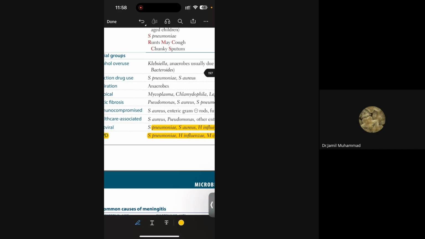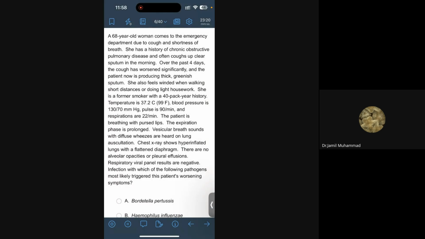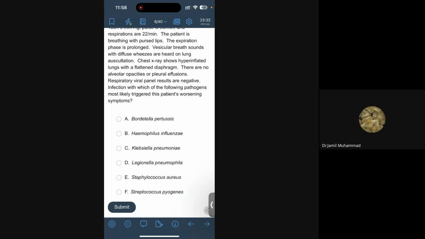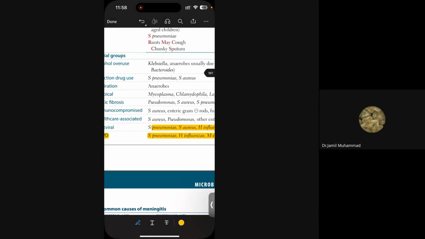That can be due to virus, and that can also be due to bacteria. In the question, he has clearly mentioned that the respiratory viral panel is negative. That eliminated rhinovirus, influenza virus, and RSV. These 3 viruses are eliminated.